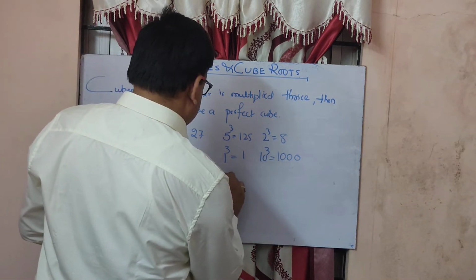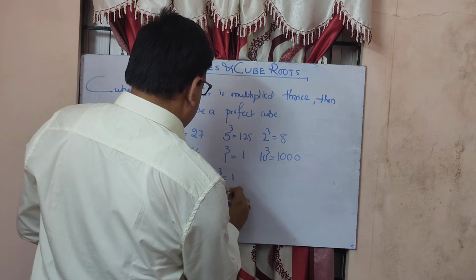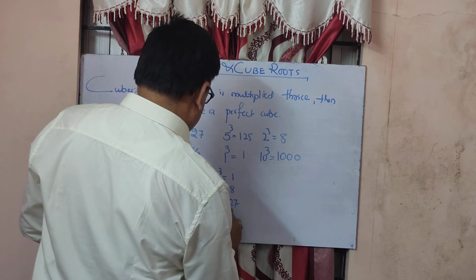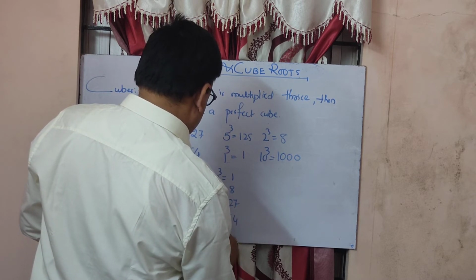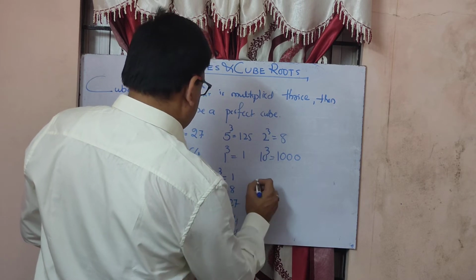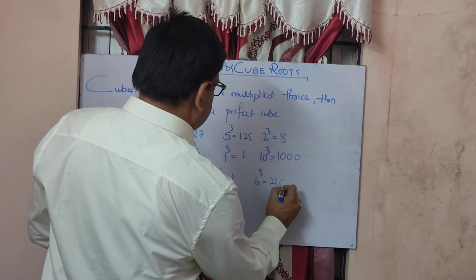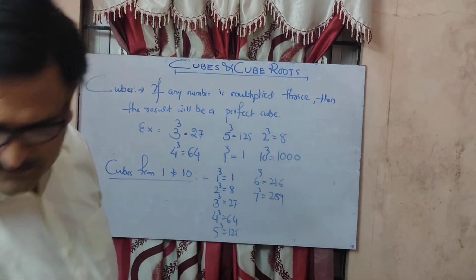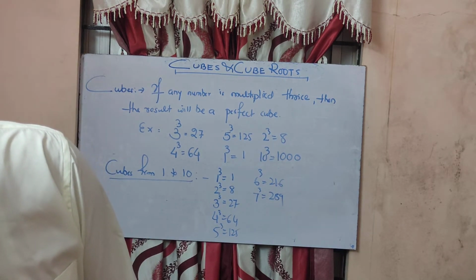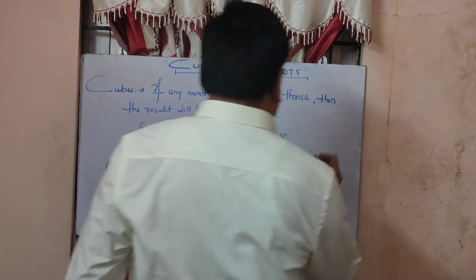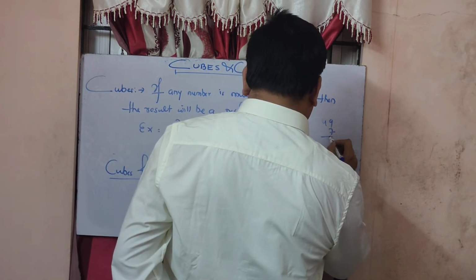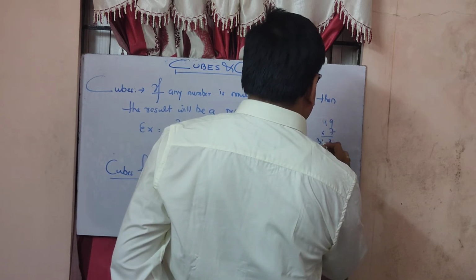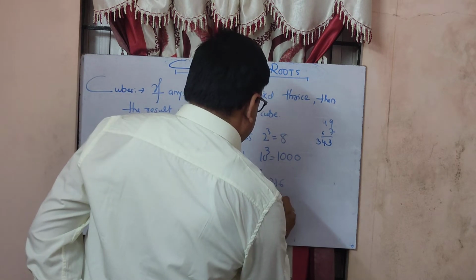1 cube is 1, 2 cube is 8, 3 cube is 27, 4 cube is 64, 5 cube is 125, 6 cube is 216, and 7 cube, let me just multiply 7, is 343.